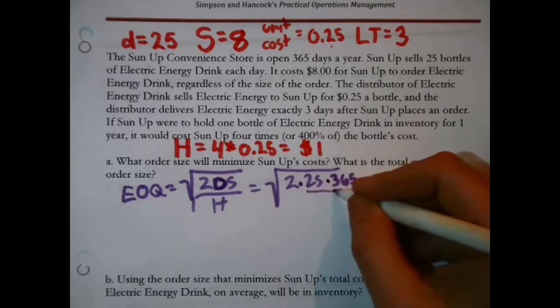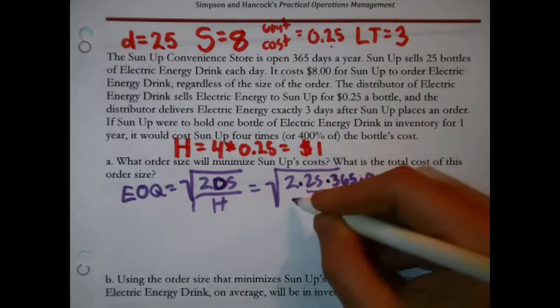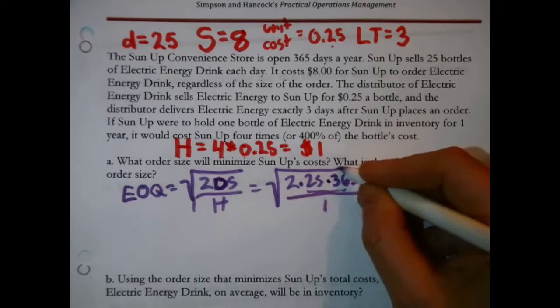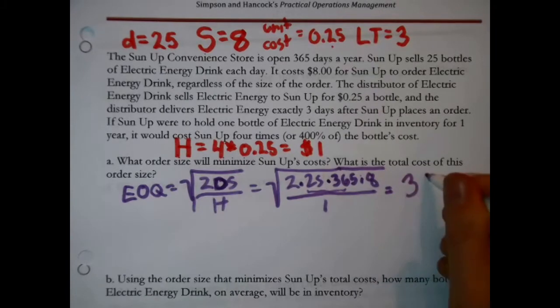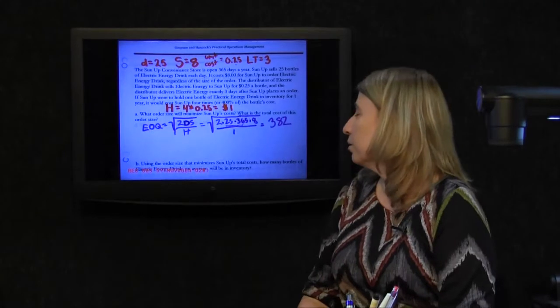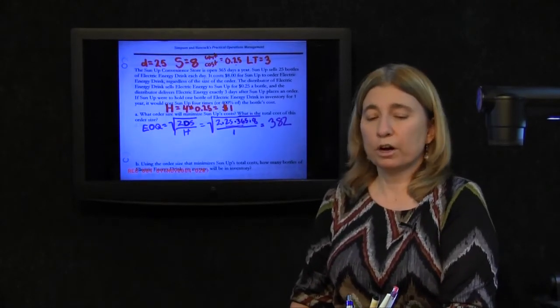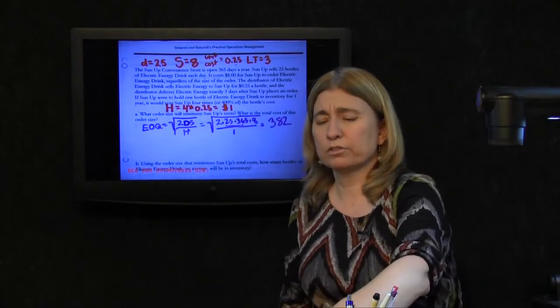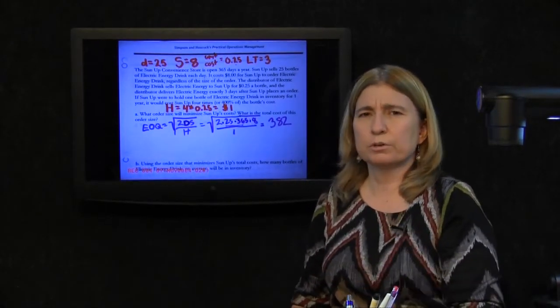That right there is actually D. Now the rest of it, times 8 divided by 1, I get basically 382. You need a round number? Oh, okay. So in order to minimize their combined ordering and holding costs, Sunup should order these energy drinks 382 at a time.